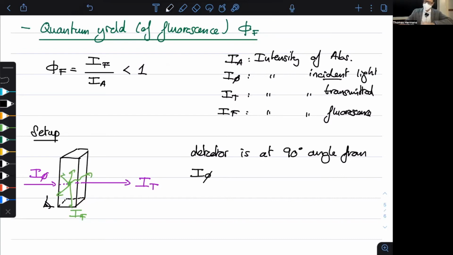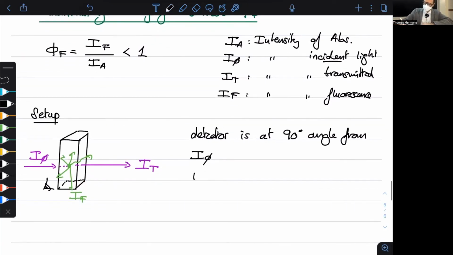Okay, so if we look how much is absorbed, it's very simple, right? You have the incident light minus the fluorescence. That's what's absorbed. And the transmitted light, we saw this in the previous class, this is Lambert-Beer's law, right?